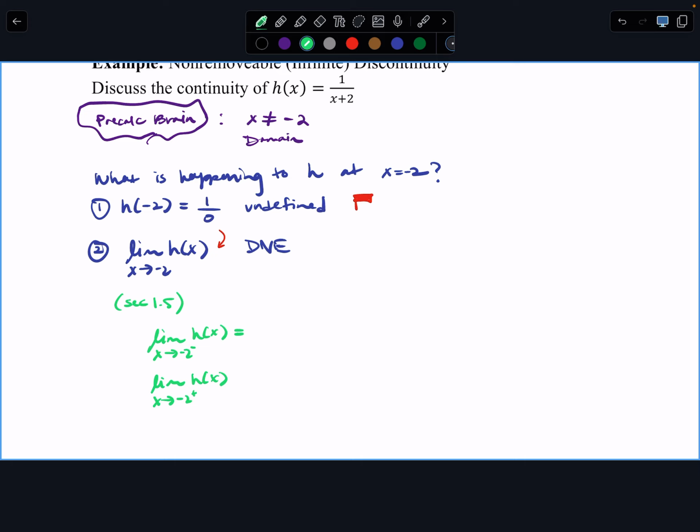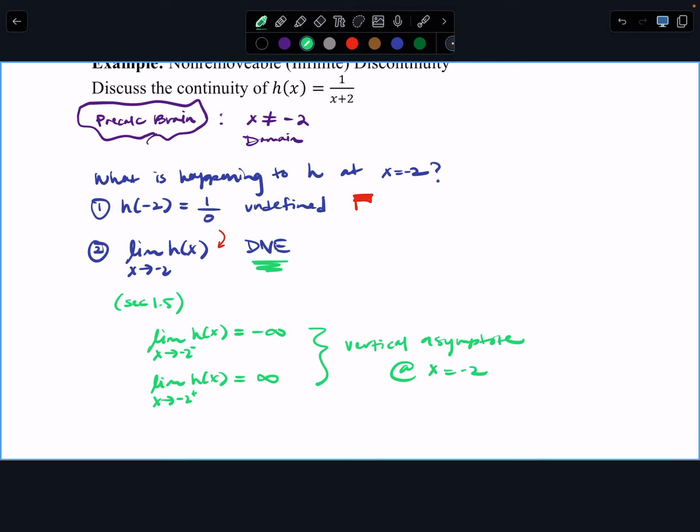Left 2, right? So as x approaches -2 from the left, h of x would be approaching -infinity, and +infinity from the right. So really, this DNE is all we could say. But because the function is increasing or decreasing without bound as x approaches -2 from at least one side, we can conclude that there is a vertical asymptote at x equals -2.